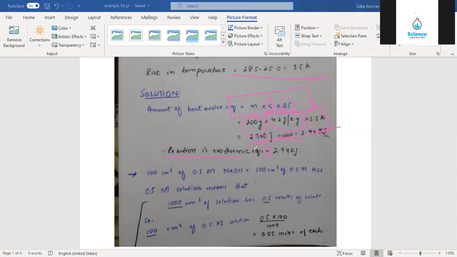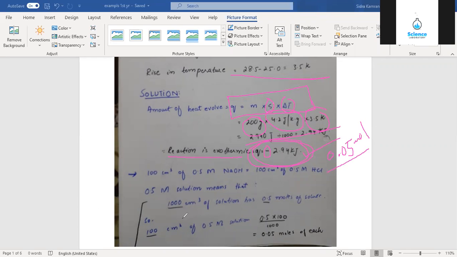This value of Q, this value of heat content, is not for 1 mole. We have to calculate for 1 mole, and this value is not for 1 mole because our solution is 0.05 mole. How can I say that the solutes are 0.05 mole?